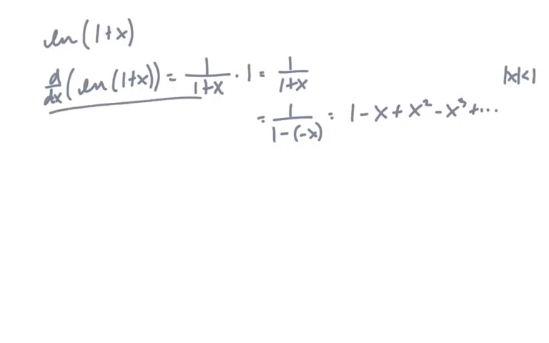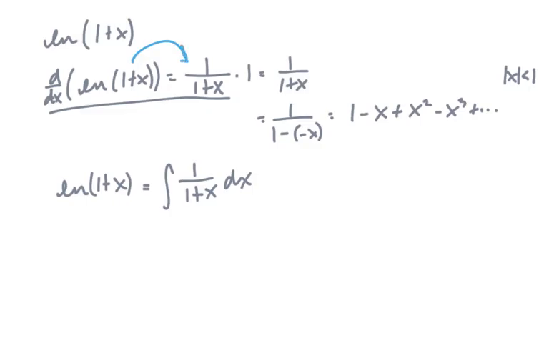So since we know this is the derivative, if we integrate 1 over 1 plus x with respect to x, this gives us natural log of 1 plus x, because that is the antiderivative. Because your derivative of natural log is that, then your antiderivative of that is natural log. That's by definition of antiderivative.